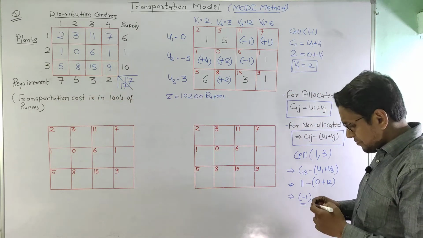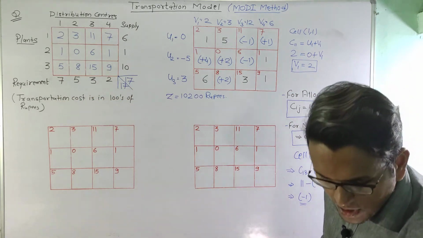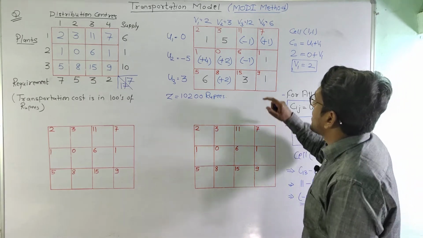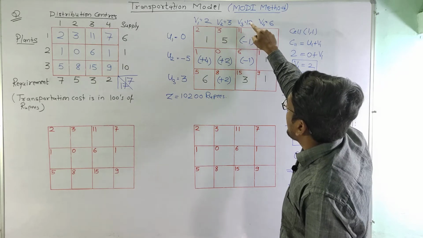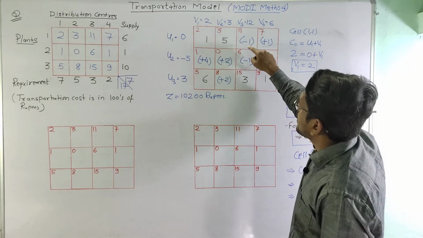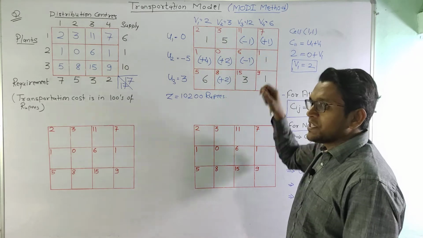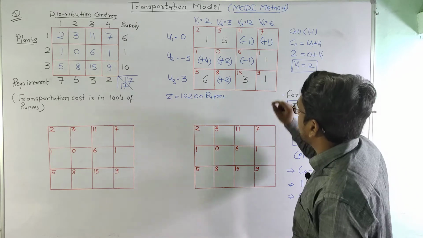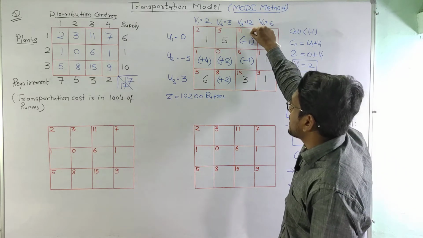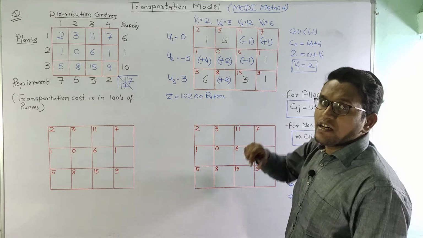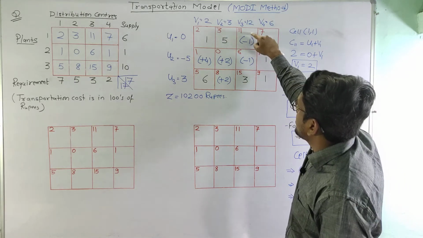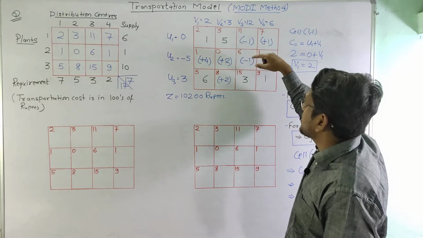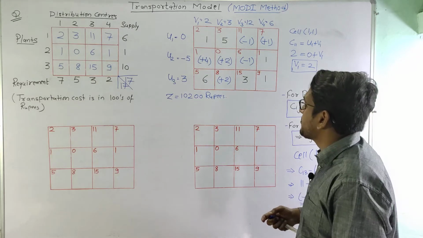Now we can see that there are 2 cells, cell 1,3 and cell 2,3, and these 2 cells are showing negative values. That means if I allocate any unit here, it will decrease the transportation cost, and because the negative values of both cells are the same, I can choose any one of them to allocate.